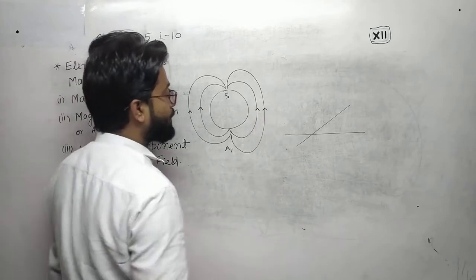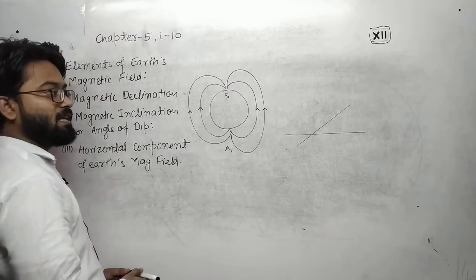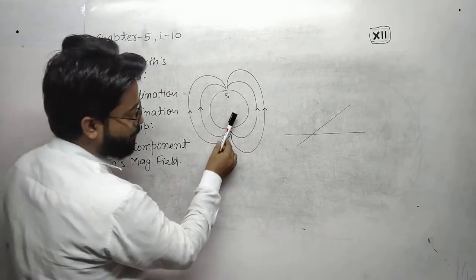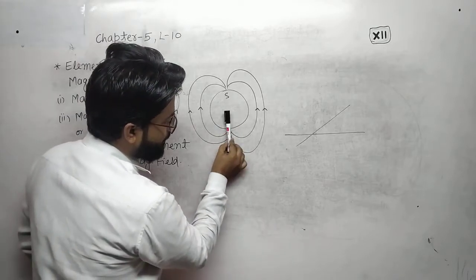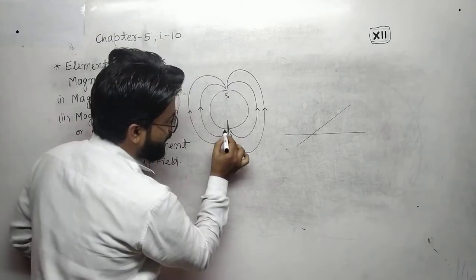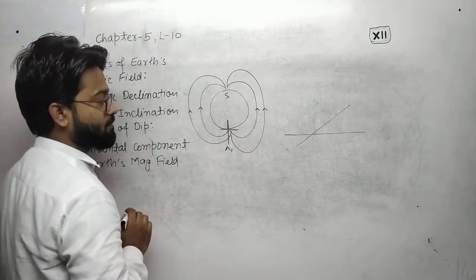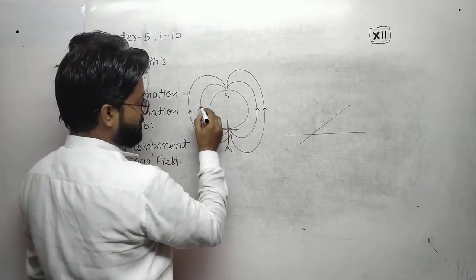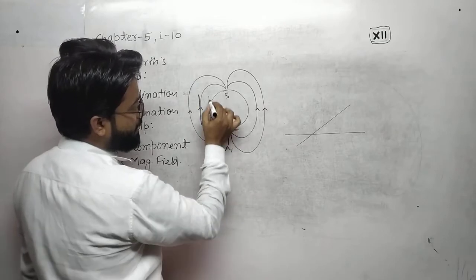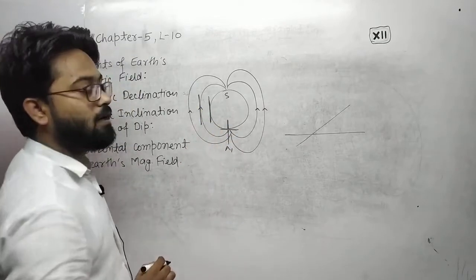If we place a magnetic needle at the pole, the needle will be perpendicular to the surface, and at the equator the magnetic field makes an angle of 0 degrees with the Earth's surface.